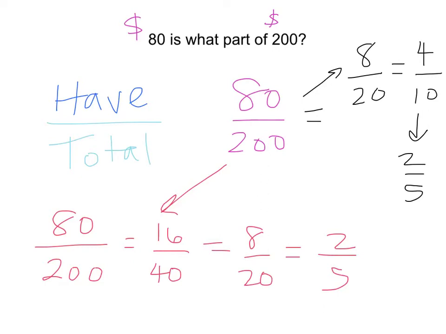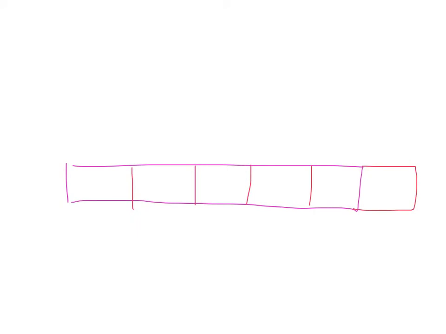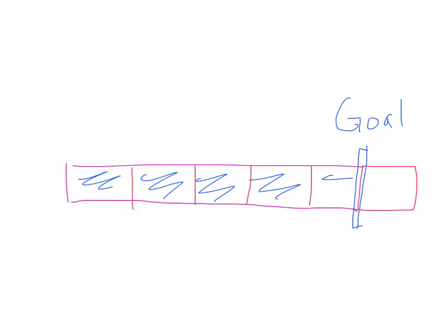The only other thing we spent some time talking about is if we go over our goal. Say this is our goal here, and a group of people have raised this, this, this, this, this, and this. If they just raised up to here, that would be all of their goal, which is 1, 2, 3, 4, 5, so we know it's 5/5.